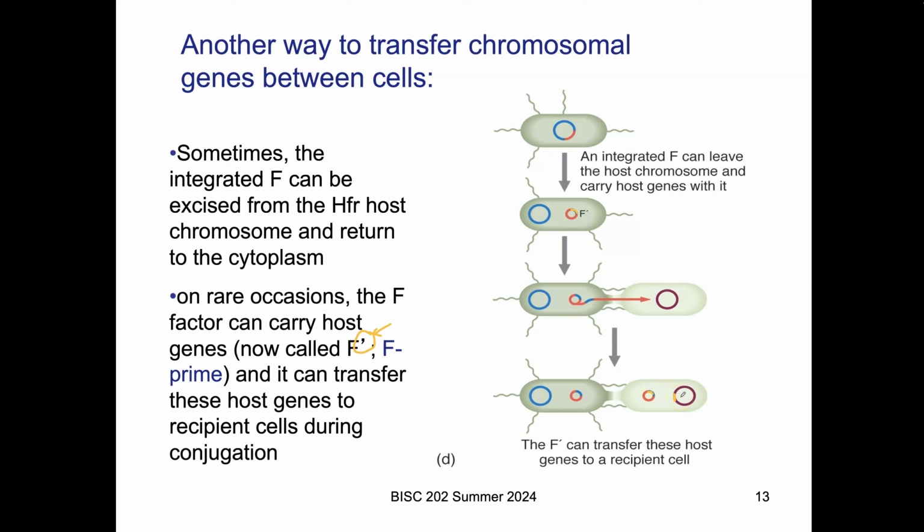We call them partial diploids because if this was, for example, the genes for lactose utilization, and so are these, because the recipient cell is going to have those genes. And if this and this are different genotypes, we can understand something about dominance and recessiveness. We can understand how the genes actually interact with each other and so on.